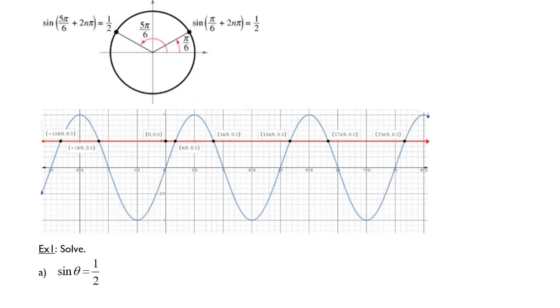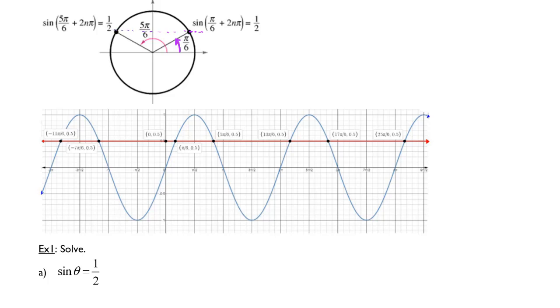In the picture, we see that sine of 5 pi over 6 plus 2n pi will equal 1/2. And also that sine of pi over 6 plus 2n pi equals 1/2. So we need to think about what will give us a value or a height of 1/2.